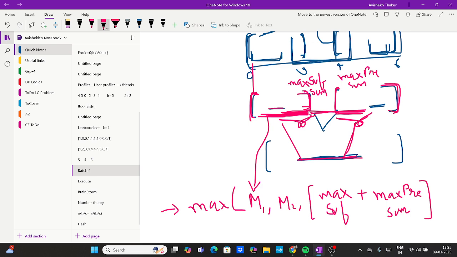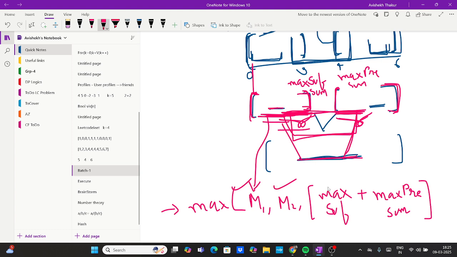We are very much sure what the maximum in this subarray is. The only possibility which we missed is when we join these two subarrays, and there is only one possibility there. Everything else got covered by M1 or M2, right? Make sense? Understood.